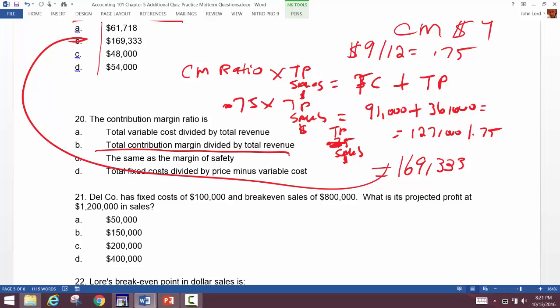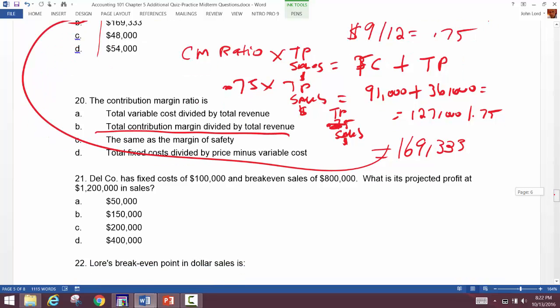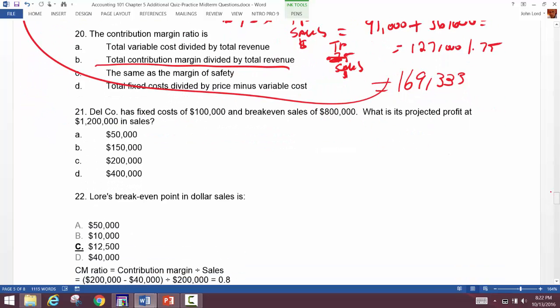Okay? Okay, good. Now, this is the type of question here, number 21, that I'm talking about. If you get one like this on the exam, and you've gotten used to mechanically saying, okay, fixed cost divided by contribution margin ratio, that's all I got to remember, you're going to run into a problem, because it doesn't work like that for this problem.